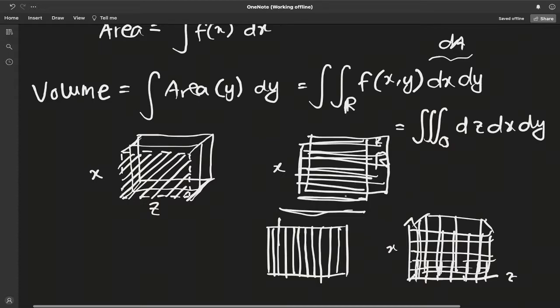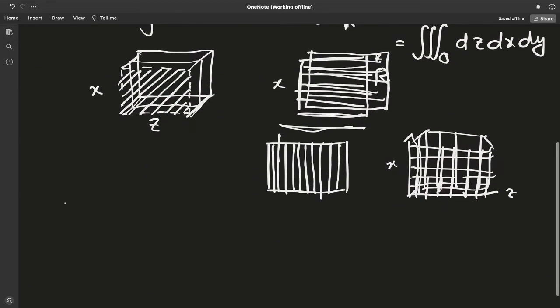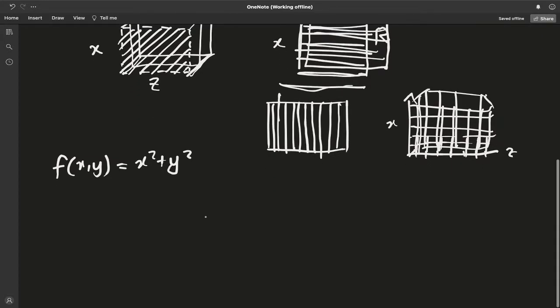Okay, now let's look at this f of xy. Let's do one solid example: x squared plus y squared. I love this function. It's a nice paraboloid. So we need a region of integration.